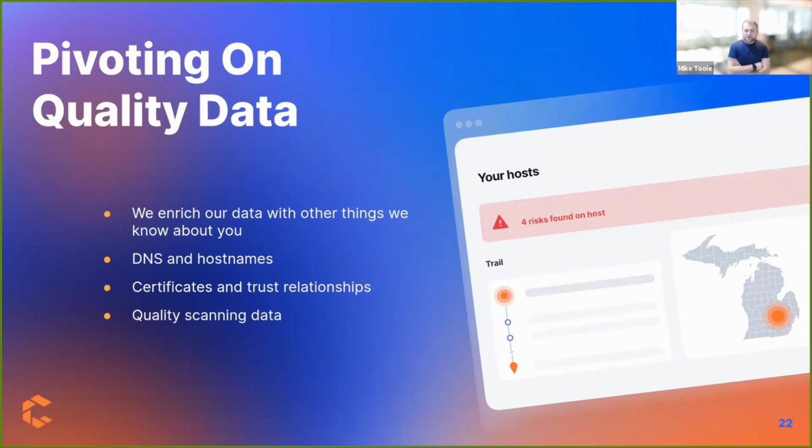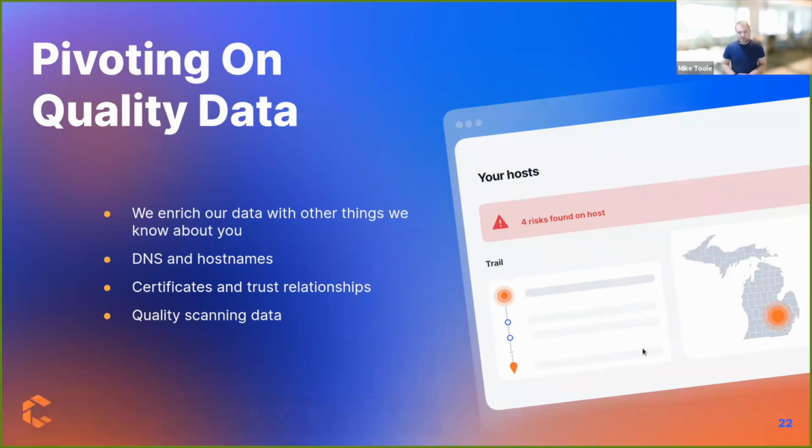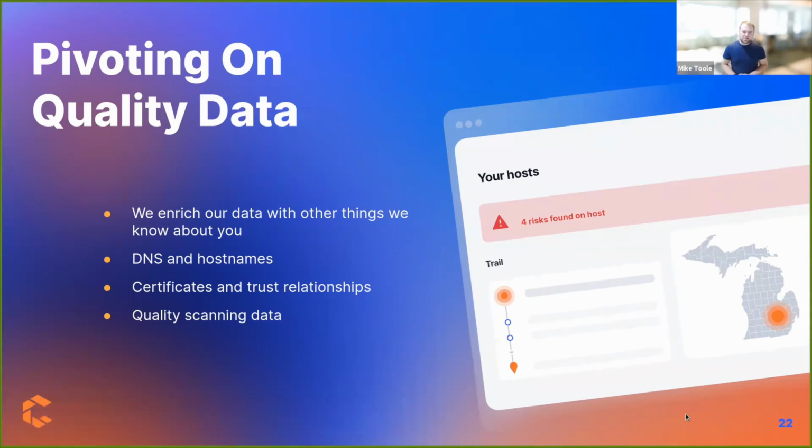We're doing things like looking at your DNS records, right? So we're looking at your certificates, your trust chains. We're taking those and we're basically fingerprinting your organization, right? So honestly, it's the best way to see your full attack surface automatically, right?